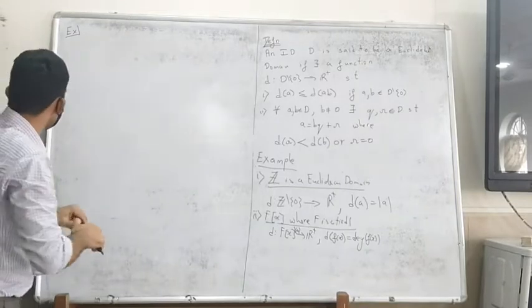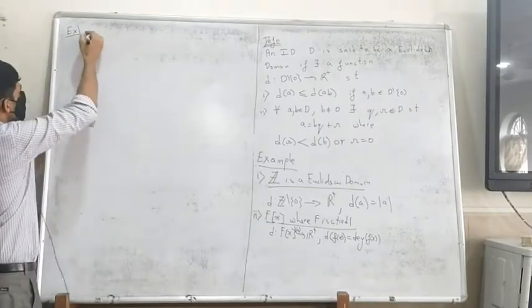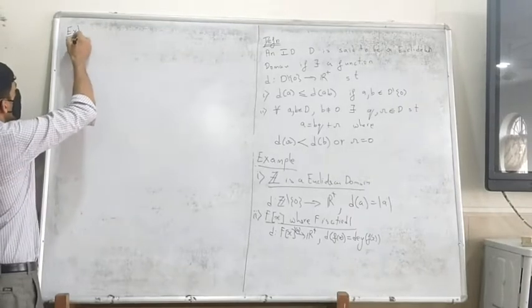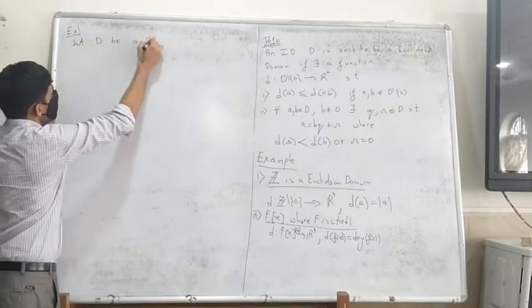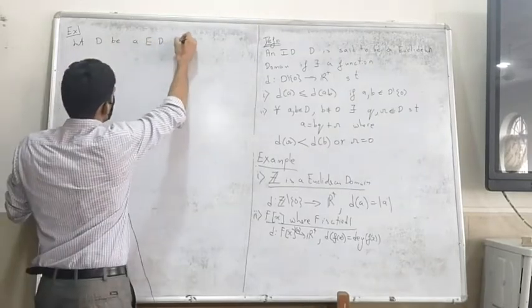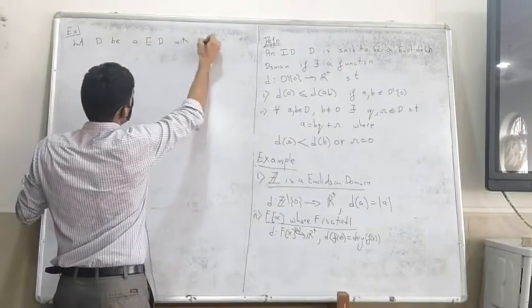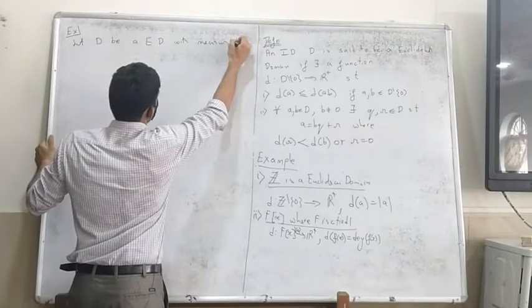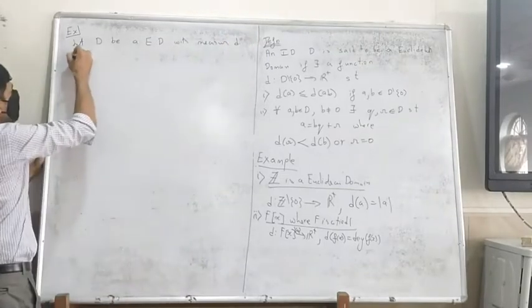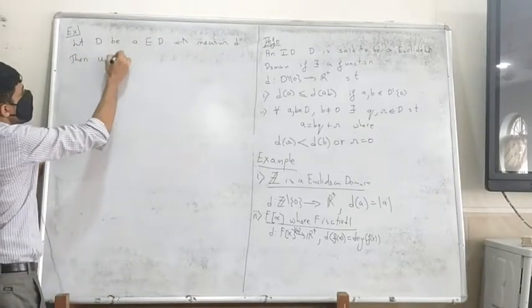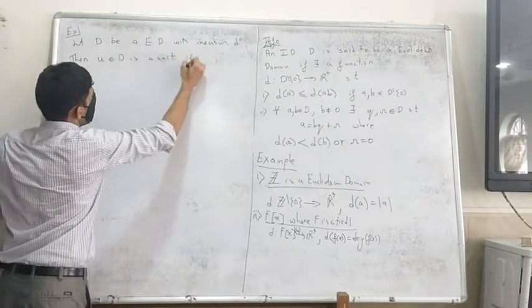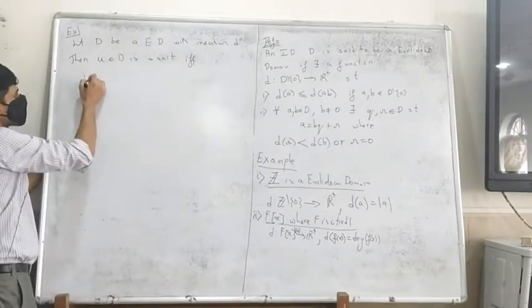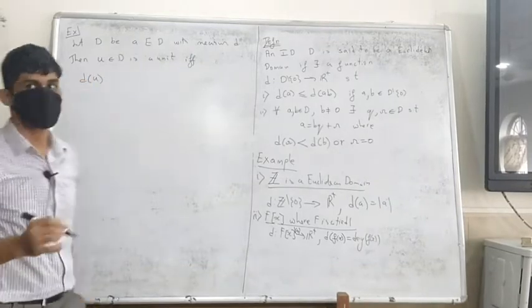So I want to say that let D be a Euclidean domain with measure d. Then u in D is a unit if and only if there is some condition on d(u). What is it?